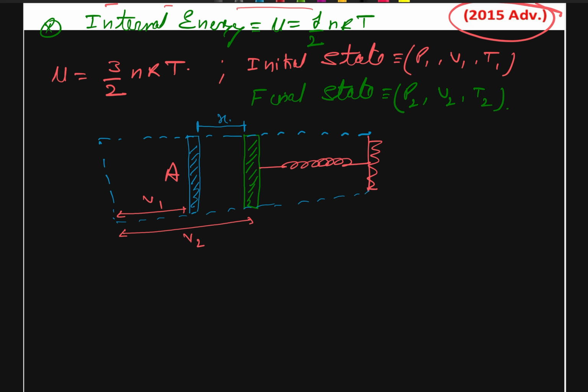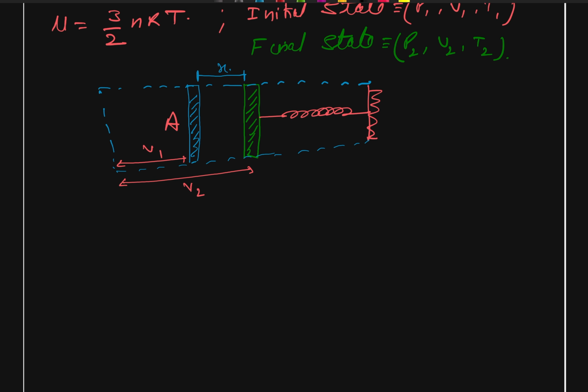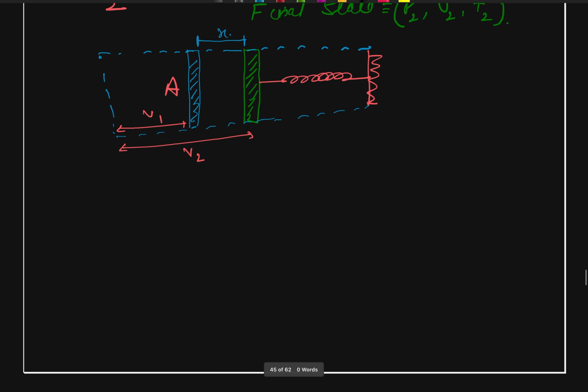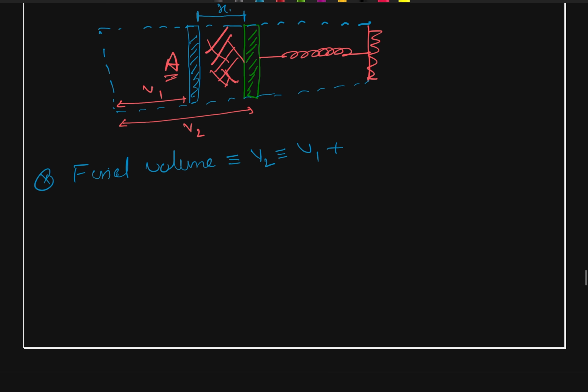We can say that the final volume V2 will be equal to V1 plus the extra volume, and this extra volume will be equal to A multiplied by x, so V2 is V1 plus A times x.